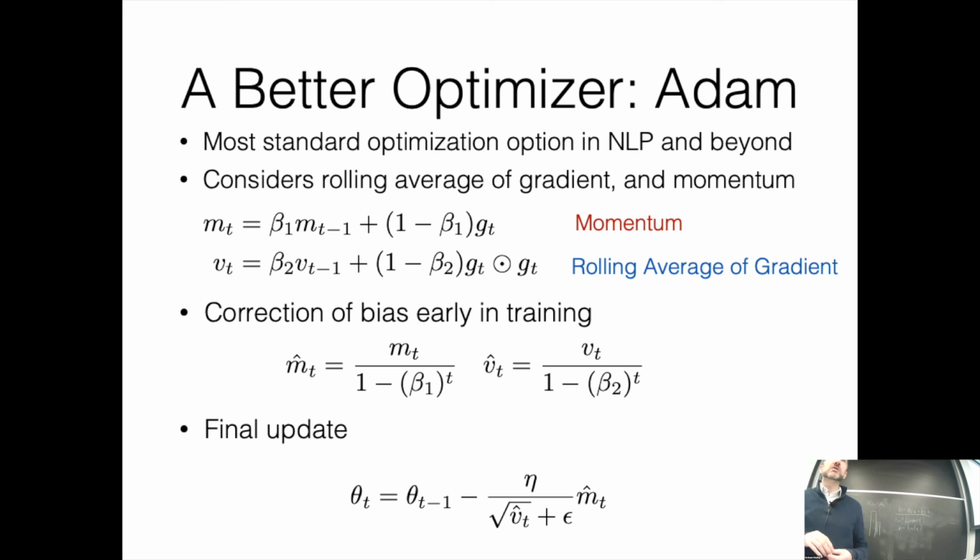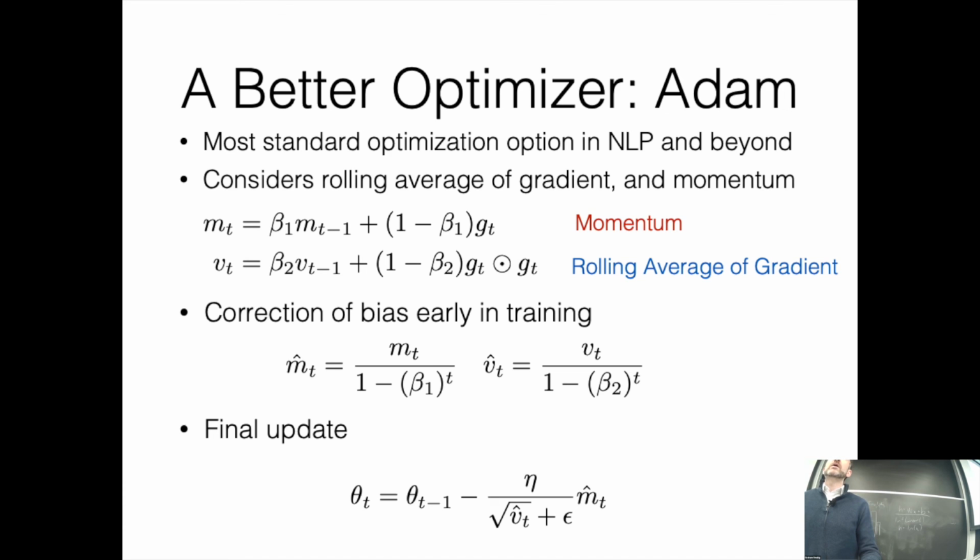Another concept that you should definitely be aware of is the Adam optimizer. There are lots of optimizers that you could be using, but almost all research in NLP uses some variety of the Adam optimizer. The way this works is it optimizes the model considering the rolling average of the gradient and momentum.